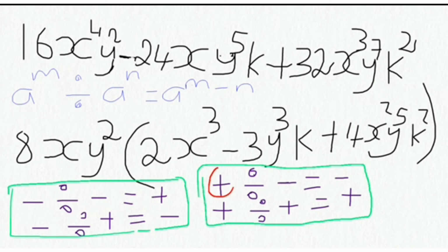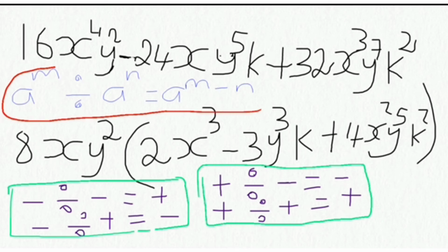Positive divided by negative is always negative. Positive divided by positive is always positive. This is the rule that you must know to be able to factorize completely. a to the power m divided by a to the power n is equal to a to the power m minus n.